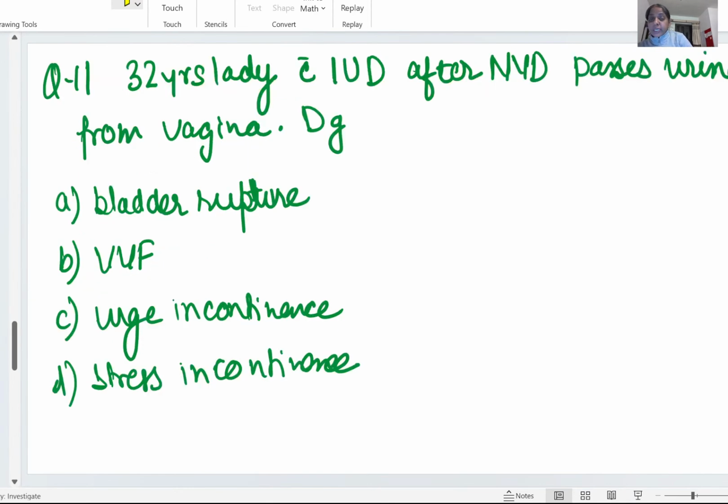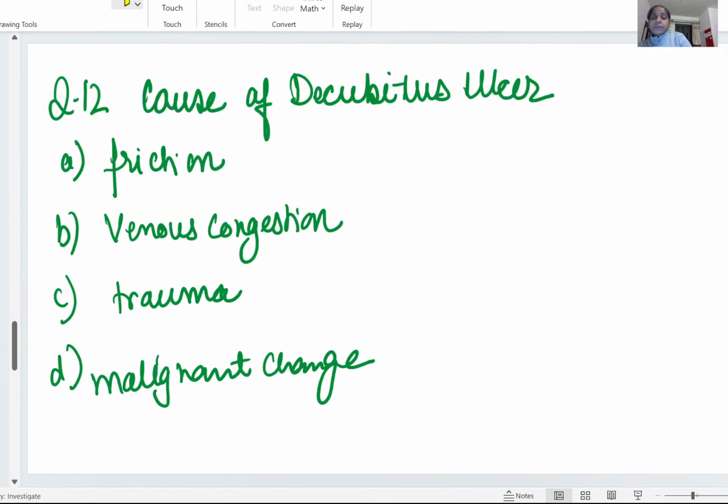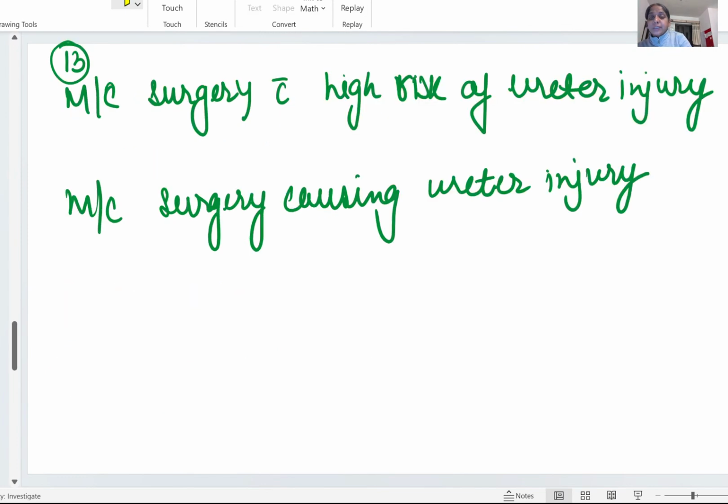Question 11: a 32-year-old lady with IUD is passing urine from the vagina after normal vaginal delivery. What is the diagnosis? Cause of decubitus ulcer. What is the cause of decubitus ulcer?